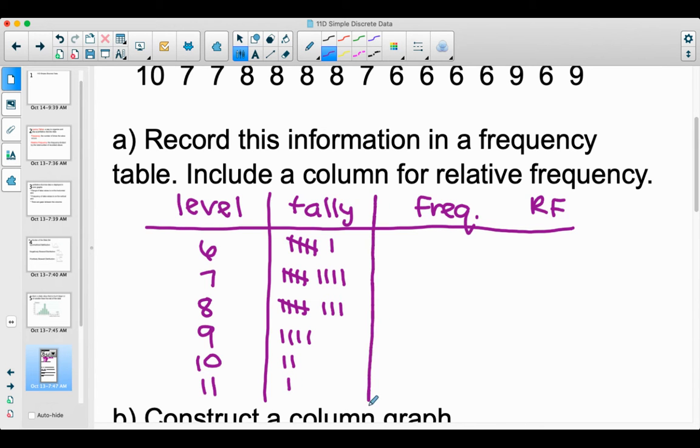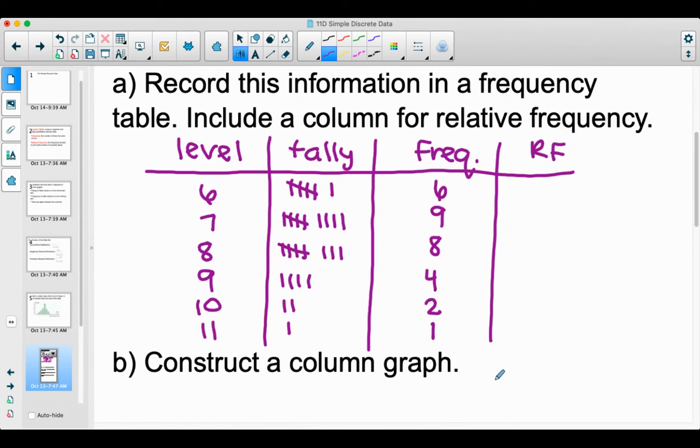So those are our tallies. So then our frequency, we have 6, 9, 8, 4, 2, and 1. And remember that our total, I just write this down here, our total is 30.